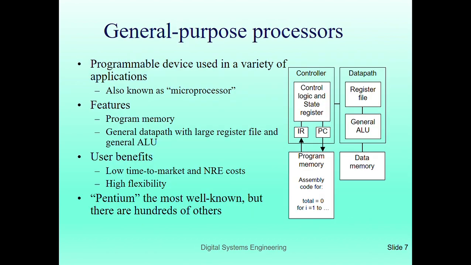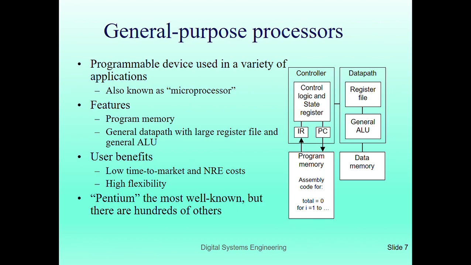Okay, so the general purpose processor. These processors are programmable devices used in a variety of applications. These are also known as microprocessors. Some good features of these general purpose processors are that they have program memory, a general data path with larger register files, and a general ALU.